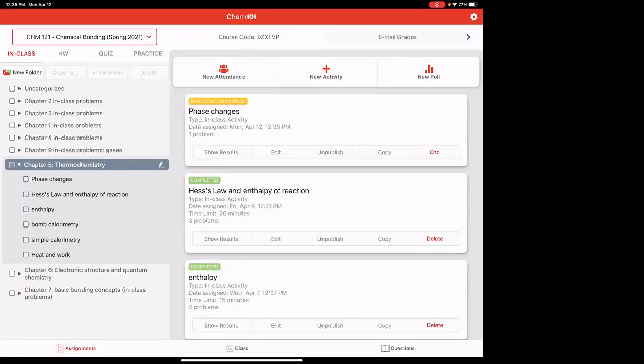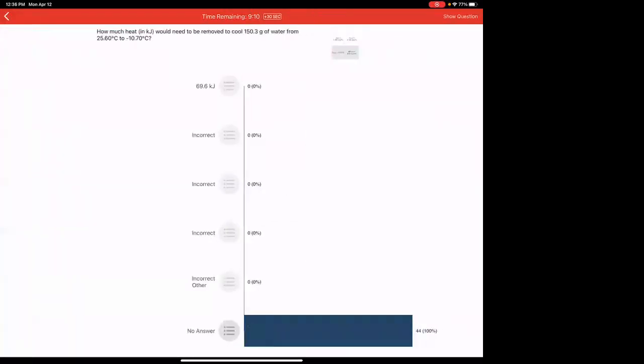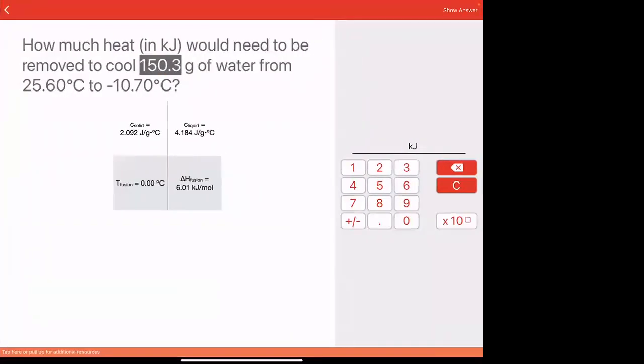So I think it only has one phase transition in it instead of two, but same idea. Usually if I click there, it'll let me see the problem. Let's see, I want to show the question as opposed to the answer. There it is. Then they gave you some information there.